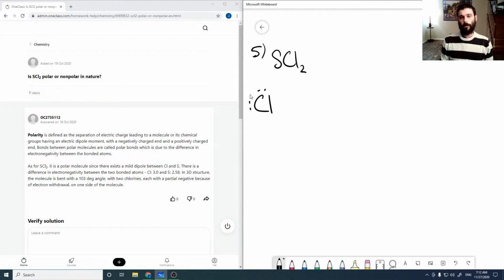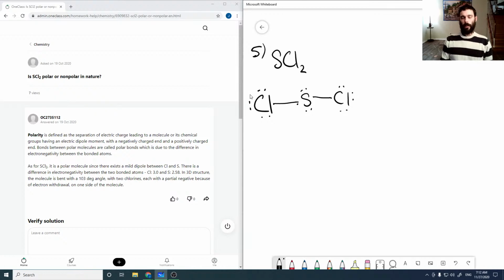Chlorine would be like this, as it has 7 valence electrons. Sulfur is similar to oxygen. So it's got 2 lone pairs and 2 non-paired electrons for bonding, and so we're going to get bonds in here. So that all looks good.